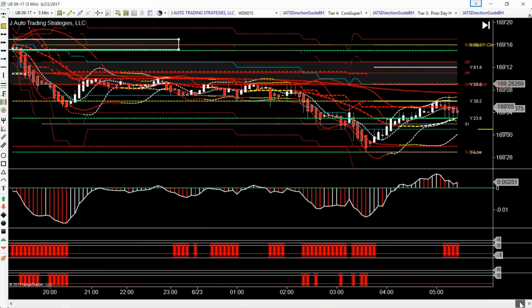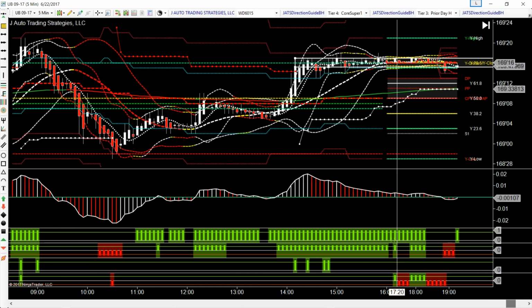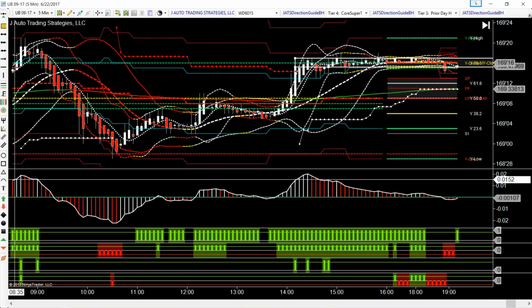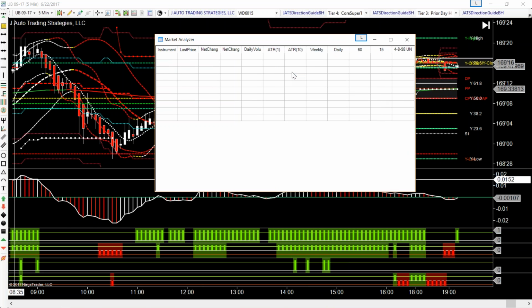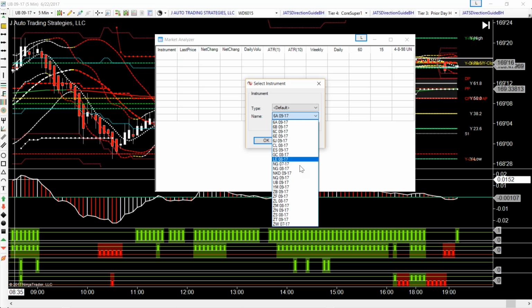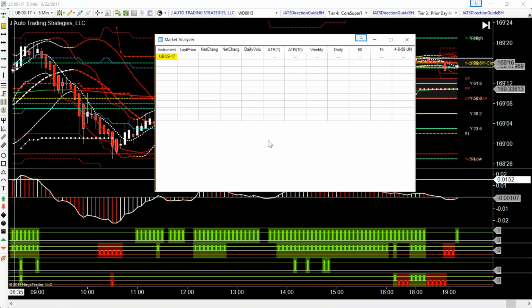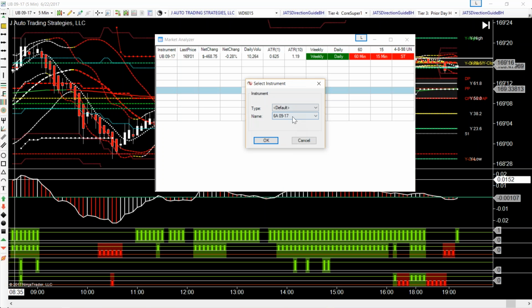Just pick the time that you're trading, go in the direction of the overall market, put your market analyzer on your chart, and I will open one up and add an instrument. Let's just put some bonds on here.